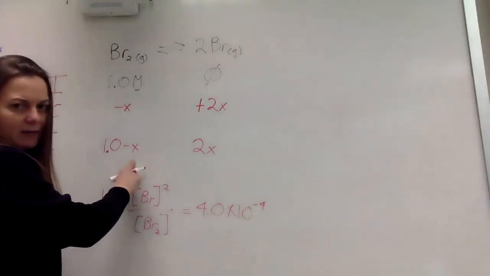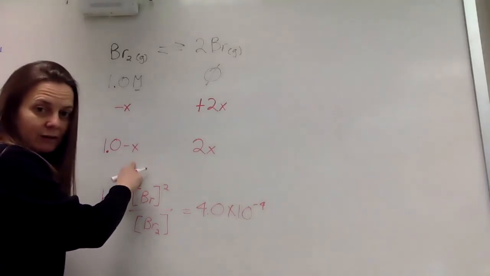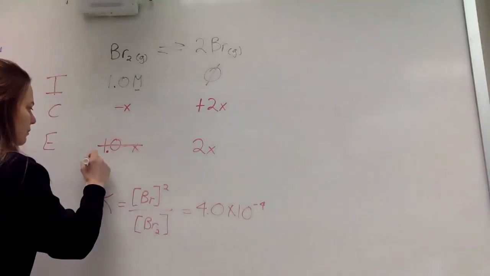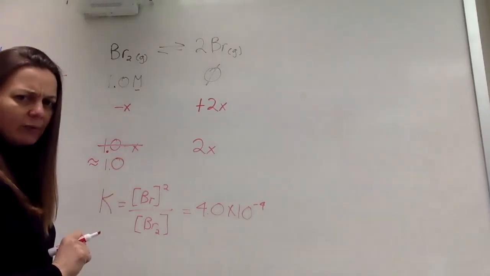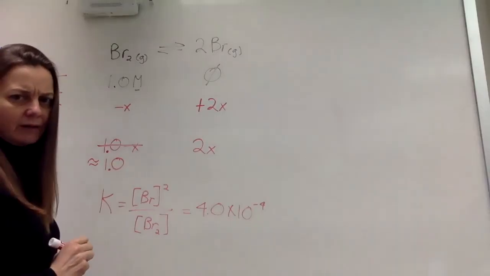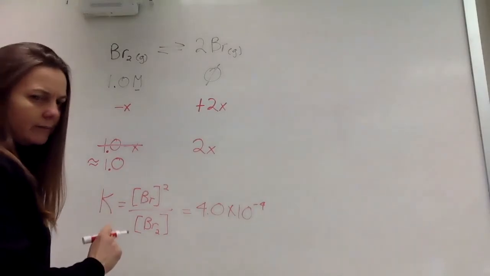This might still be, with significant figures, 1. So we're going to make the simplifying assumption that it is. Okay, so instead of saying 1 minus x, we're going to say it's approximately 1.0. And we're going to double check ourselves when we're done, and make sure that that simplifying assumption was okay. So let's go ahead and plug into this equation.